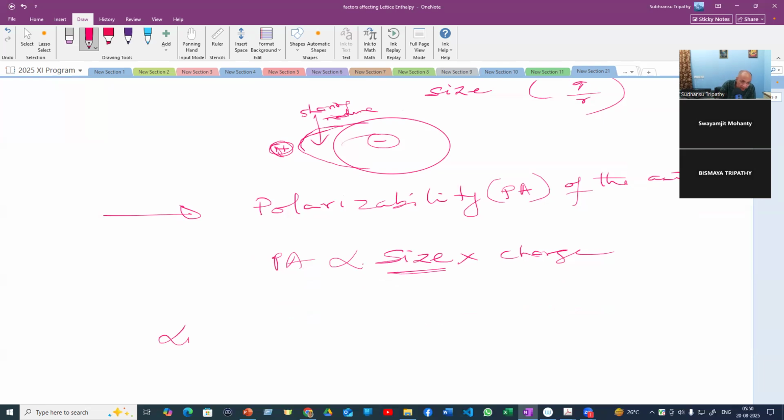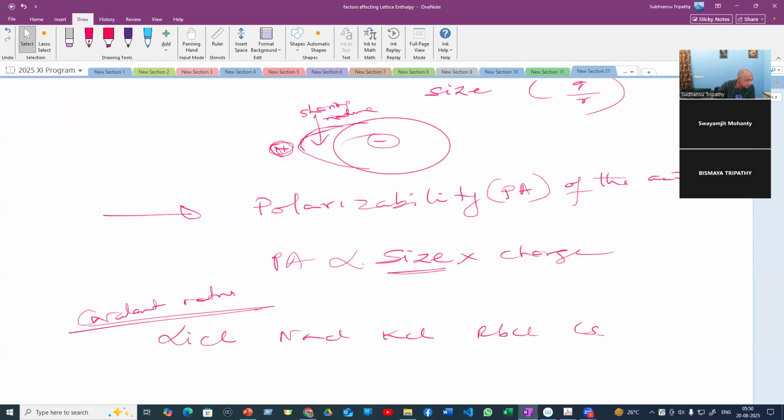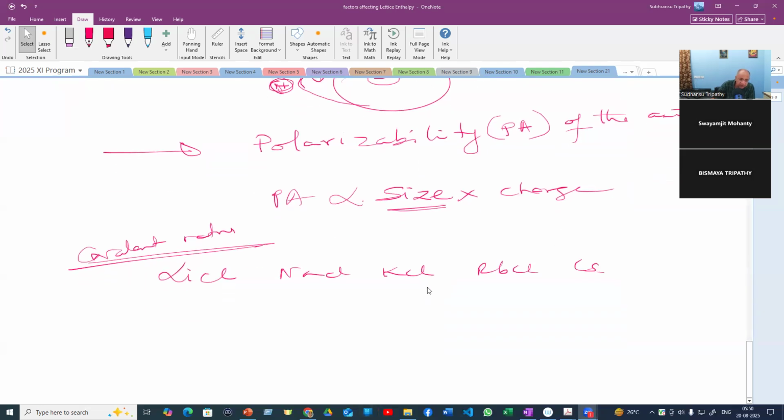If you compare LiCl, sodium chloride, potassium chloride, rubidium chloride, cesium chloride, what will be the covalent nature? Covalent character, tell me. Yes, Bisma? Only covalent nature.